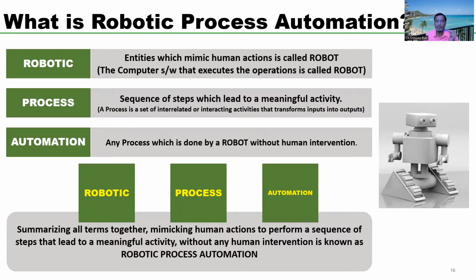Mimicking human action means that in an organization, in a process, in operations, however the physical employees work, whatever kind of delivery they give, the robot is also going to do the same, perform the same, and give the desired outputs. That is called mimicking of human action.